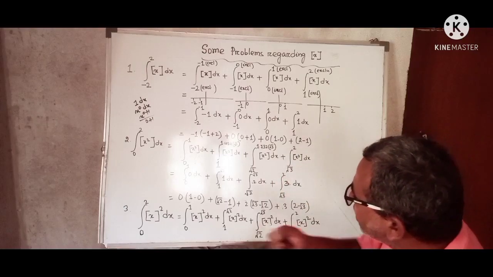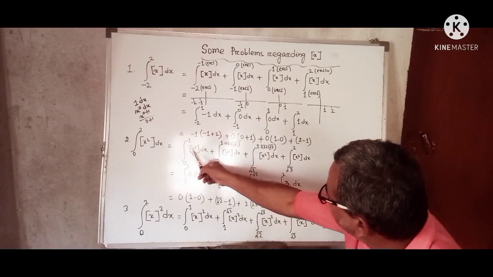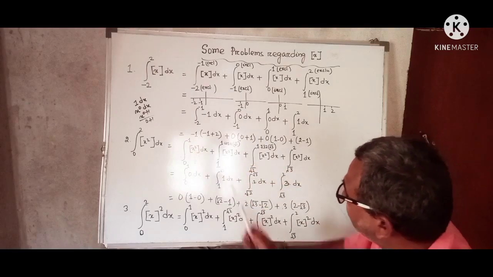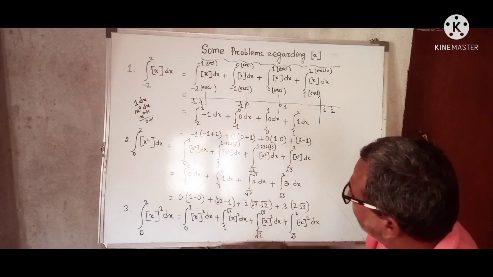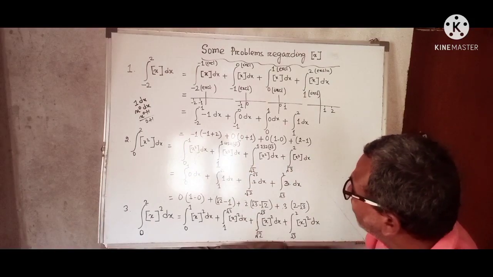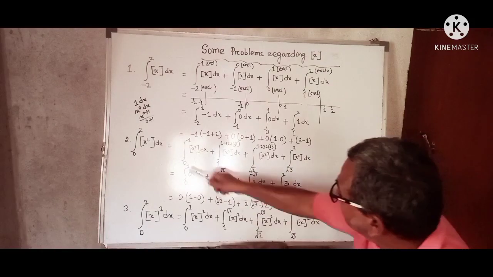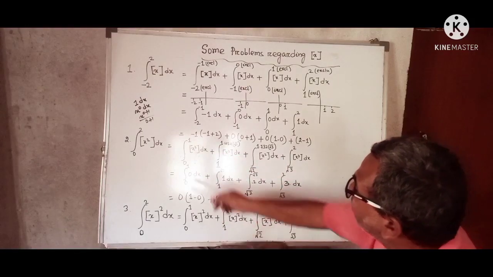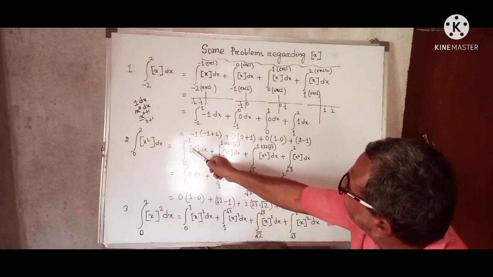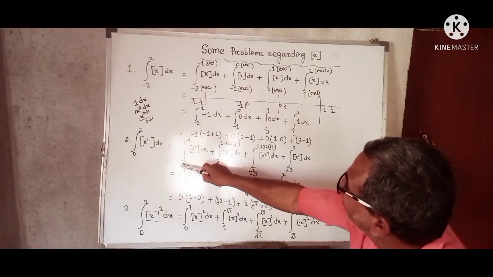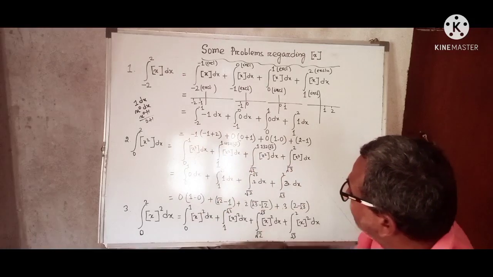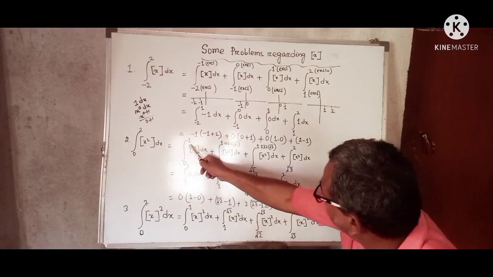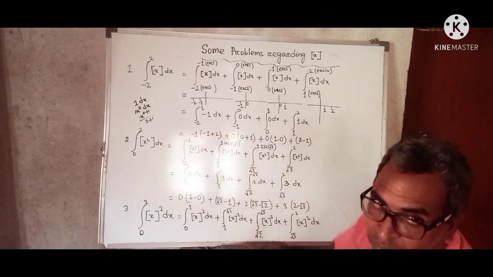Why? Because the function of x square is continuous within the interval 0 to 1. The value of squaring the values starting from 0 to 1 is continuous.